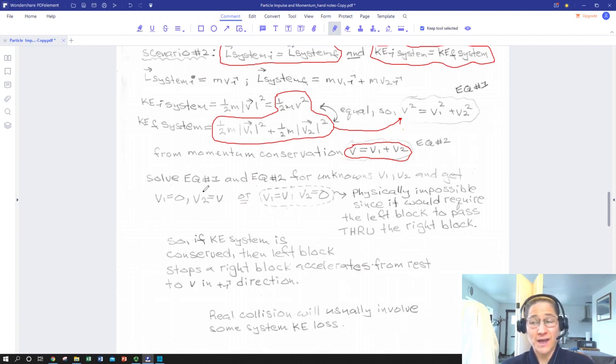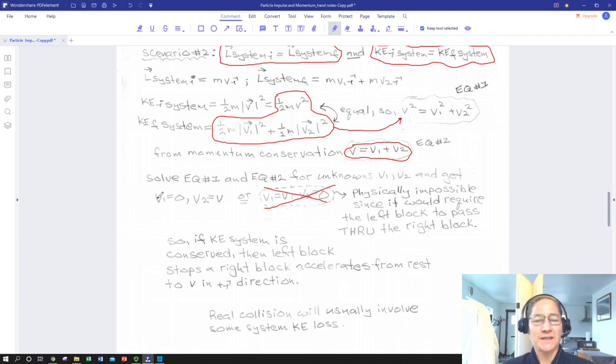Or, mathematically, we can have the first mass retaining its velocity and the second mass sitting still. Now this one's physically impossible because to do that, the first mass would have to travel through the second mass to stay on course moving forward. So this is a mathematically plausible but physically impossible scenario.